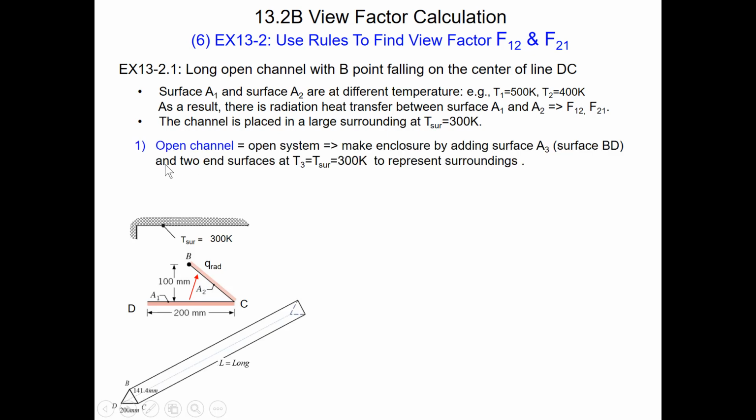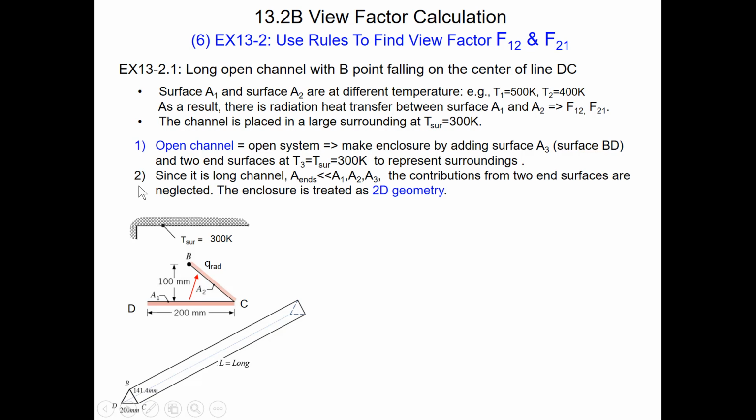Step 1. Since it is an open channel, which is an open system, we make an enclosure by adding surface A3, which is surface BD, and 2 end surfaces at room temperature to represent the surroundings. Step 2. Since it is a long channel, the 2 end surfaces are so small that their contribution can be neglected.